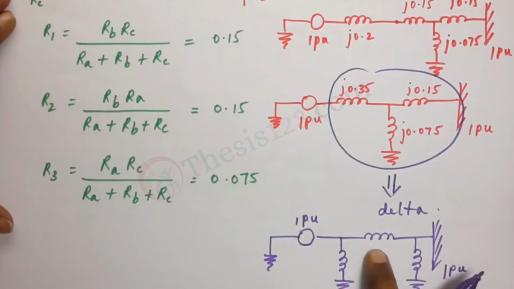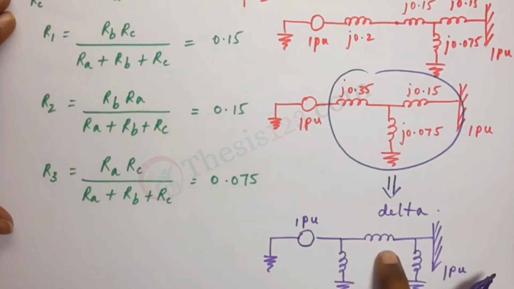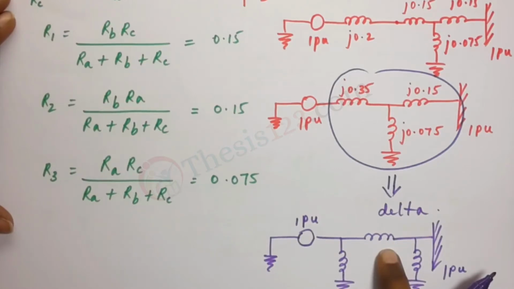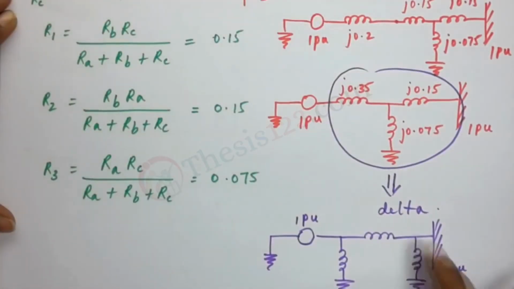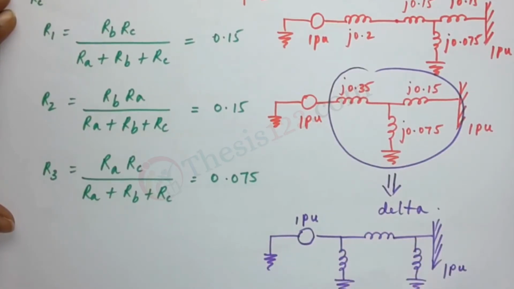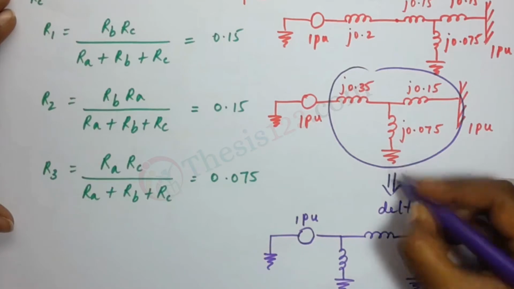So the remaining impedance is what we have to calculate, the maximum power that passes through that particular point. So since we don't have that in the first equivalent circuit, we have to try and resolve it as much as possible in order to get it into pi form. That's the ultimate aim here.